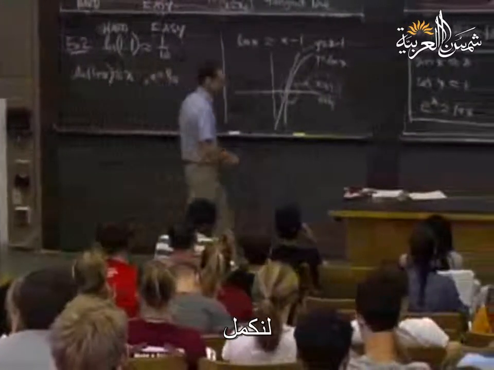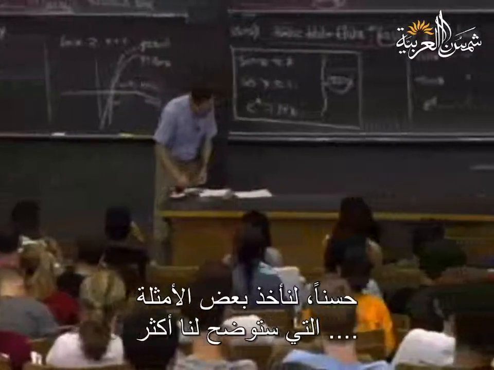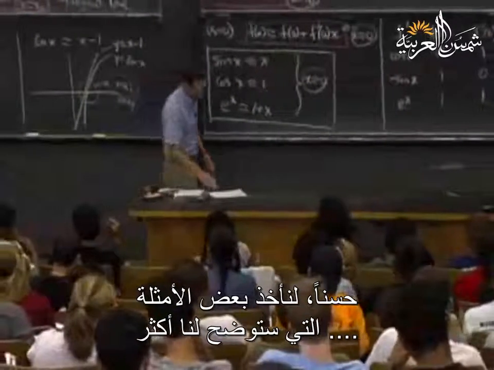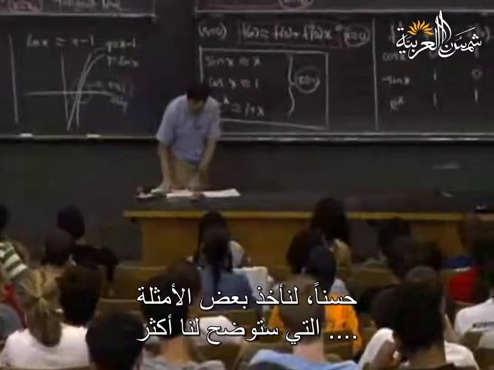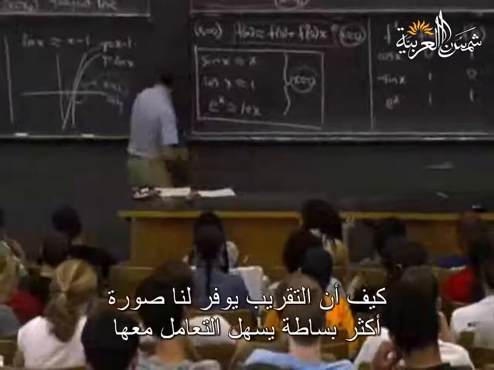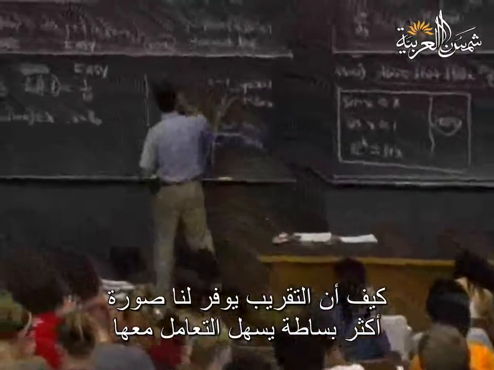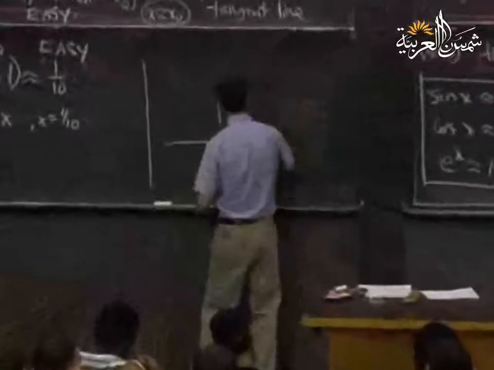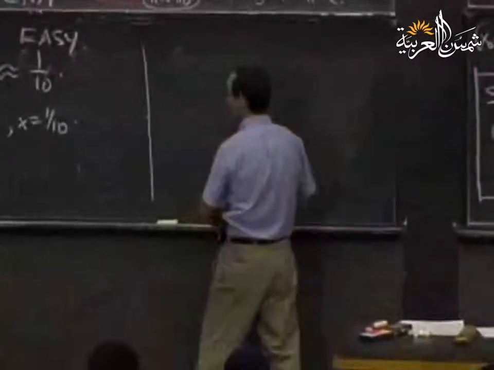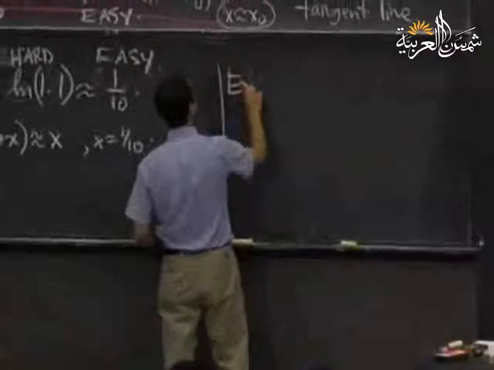Okay. So let's continue here. Let me give you some more examples where it becomes even more vivid that this approximation is giving us something a little simpler to deal with. So here's example 3.